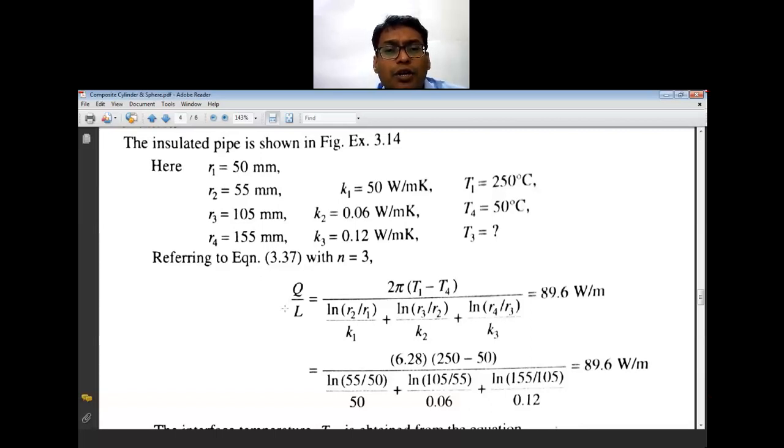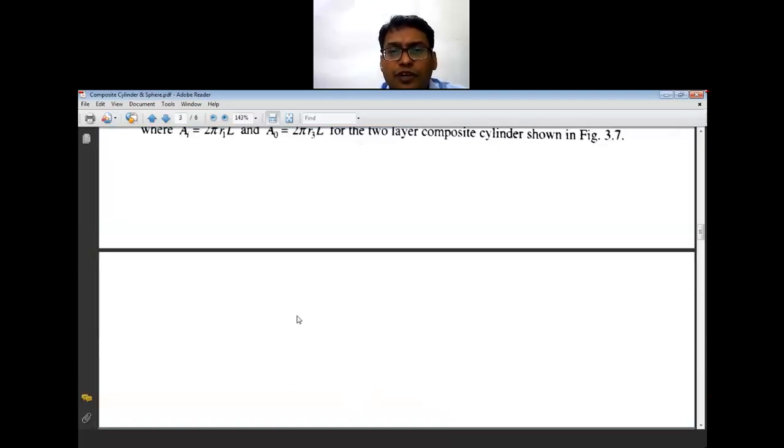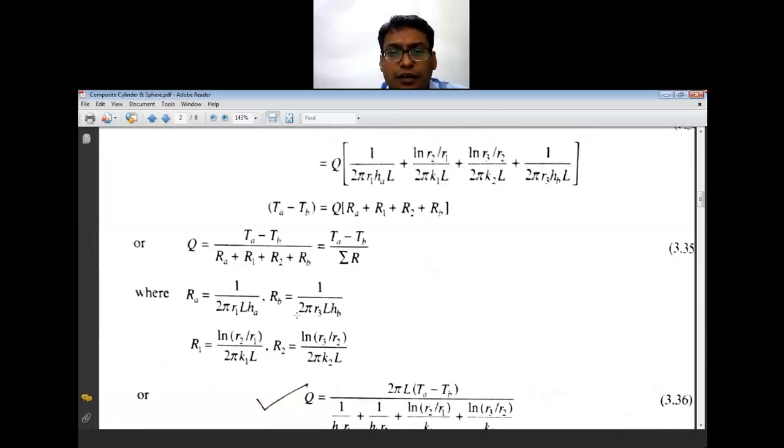So the heat transfer per unit length is to be calculated. The same formula which we have obtained here, that we are going to use.